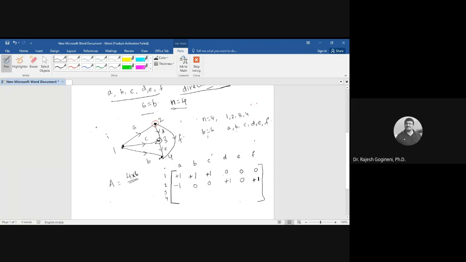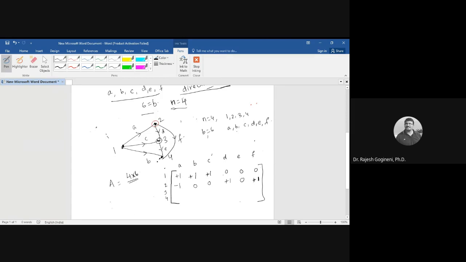Node 3. C is approaching, D is approaching, E is leaving.